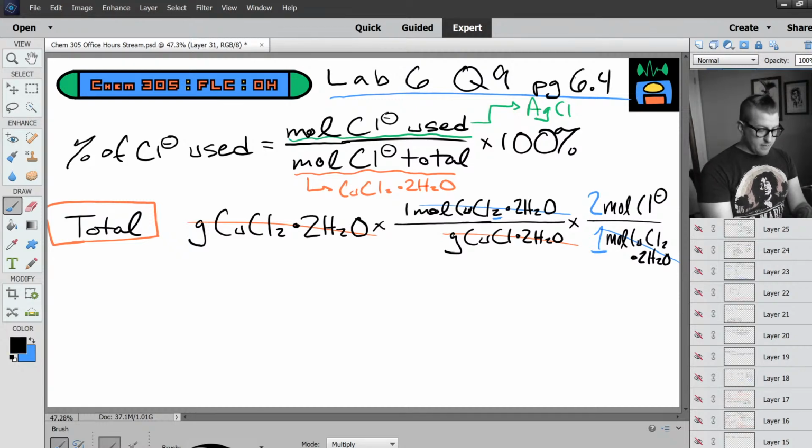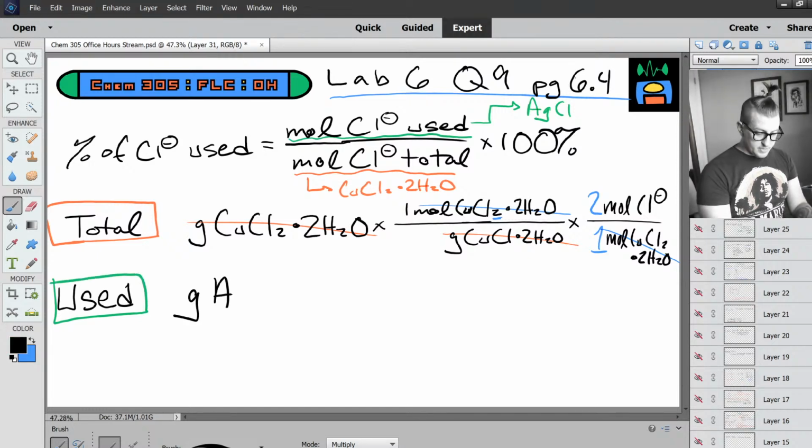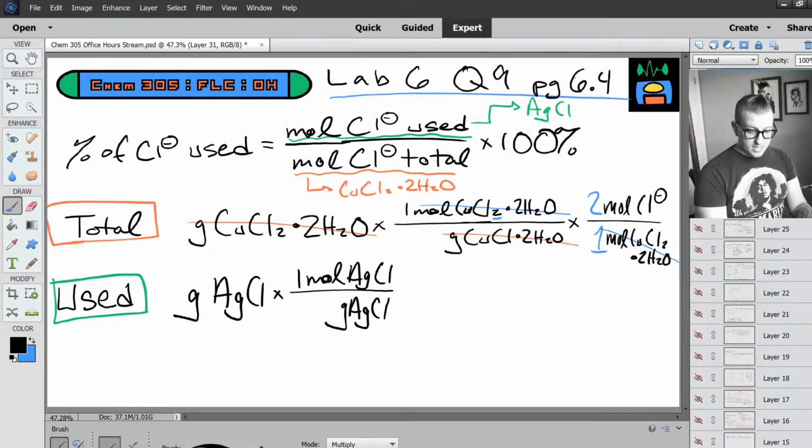To find the amount that was used, you take your mass of your precipitate, and again, we're going to convert these to moles, so we're going to put grams of silver chloride in the denominator, 1 mole in the numerator.